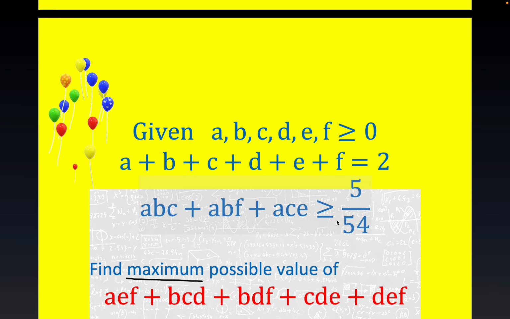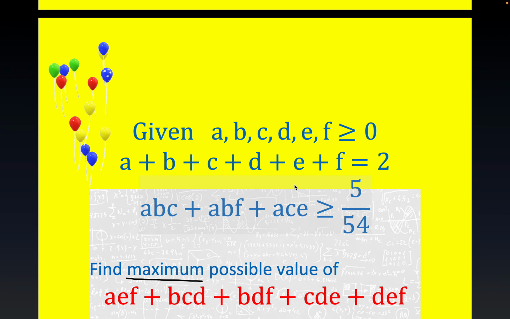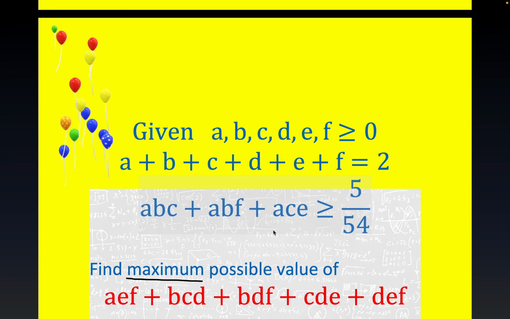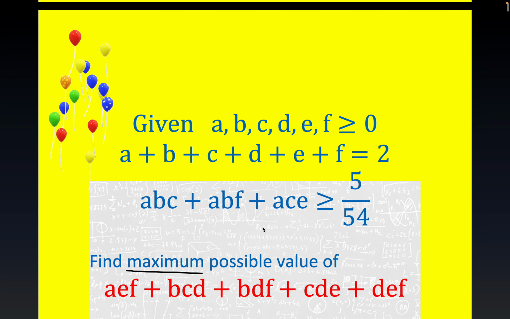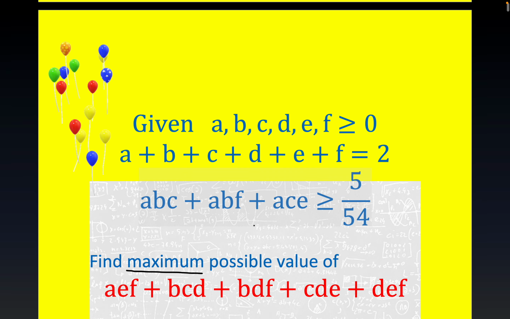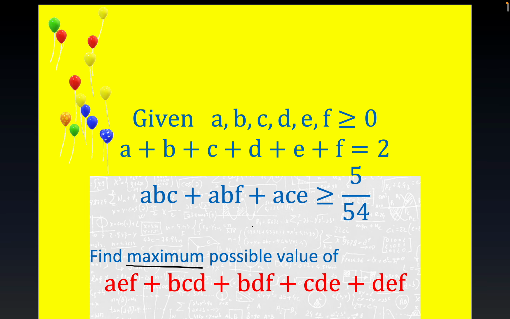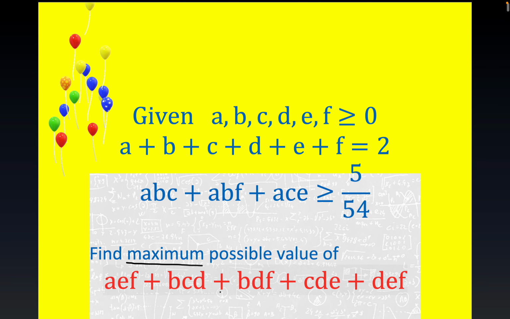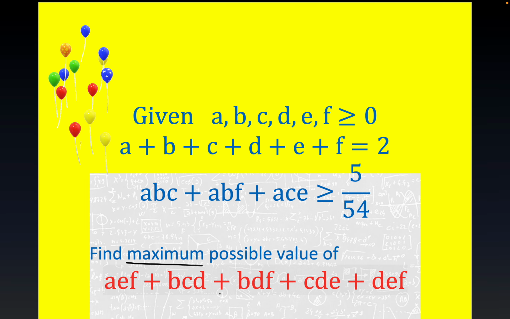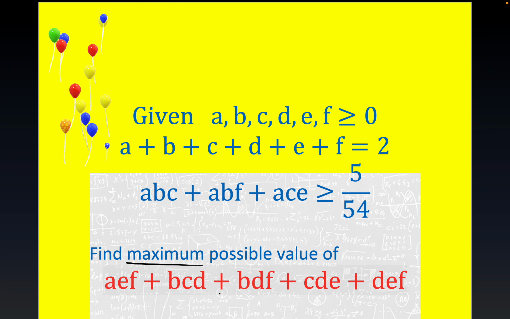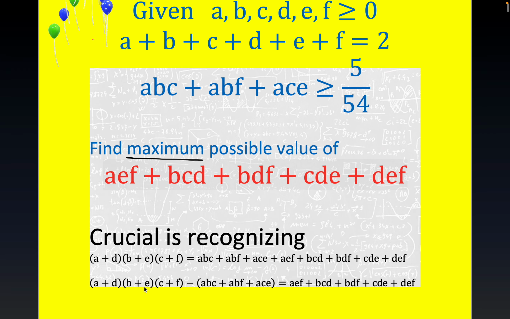Okay, so given this information, which appears to be fairly scant, not negligible, but not enough, we're supposed to find the maximum possible value of this expression here. Now, this is virtually impossible, in my opinion, unless you notice that this product contains all the terms.